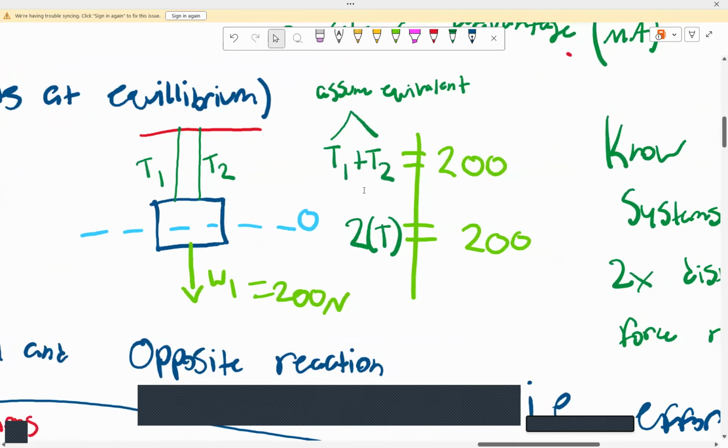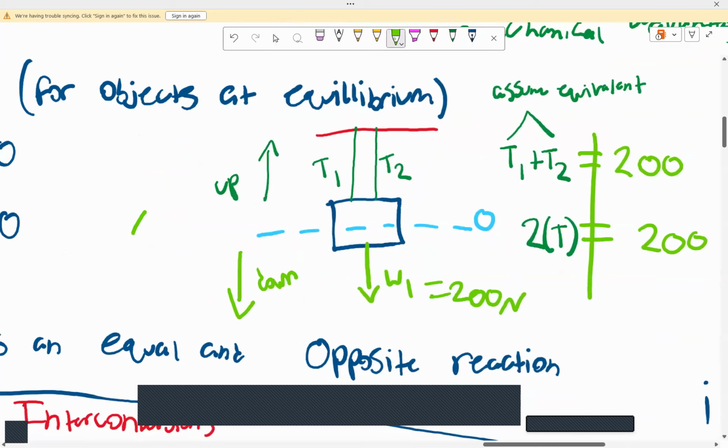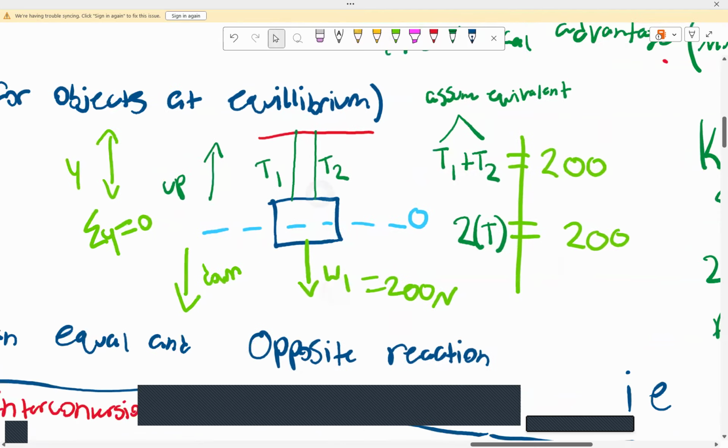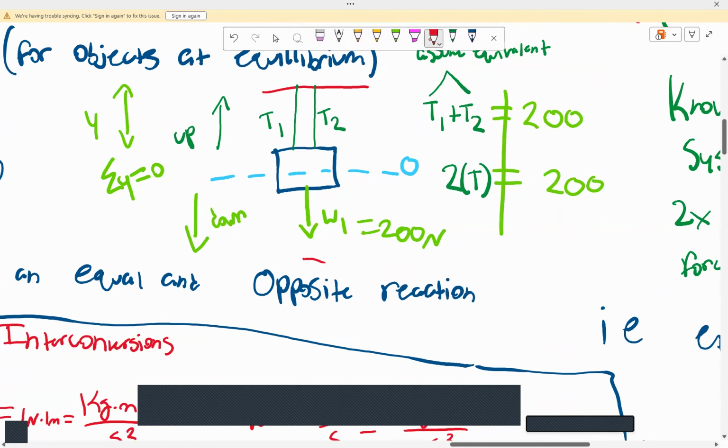But remember, it's at equilibrium, so the forces up must be equivalent to the forces down, because the sum of y, or those y-axes, has to be equivalent to 0, whereas for the x-axis, in this case there is no real x force acting upon it, so that also has to be equal to 0.